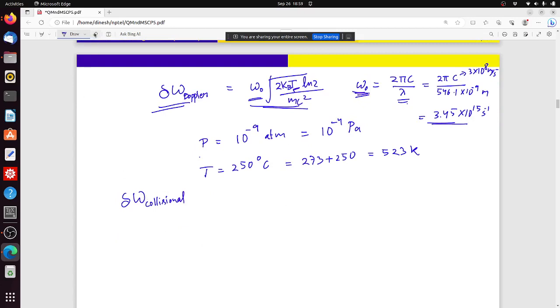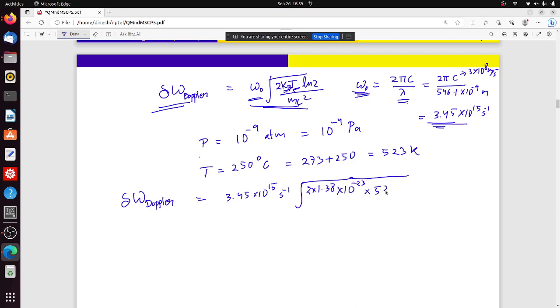Okay, let's go for Doppler first. Omega naught value I got, 3.45 times 10 to the power 15 second inverse, then 2 times 1.38, this Boltzmann constant value, times 10 to the power minus 23.